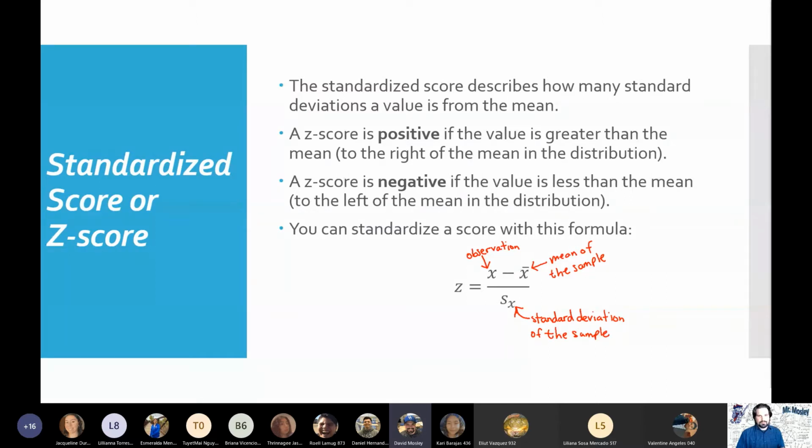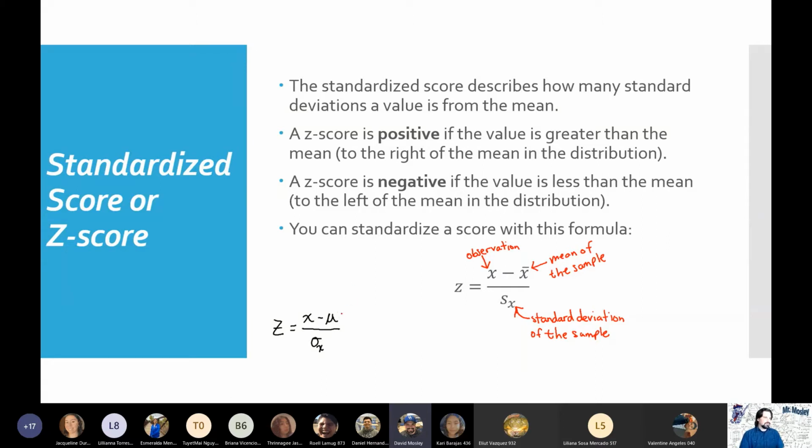In that case, we'd still use z equals x minus mu, that little Greek letter, divided by sigma sub x, the little o looking thing with a tail on the top, that is lowercase sigma.